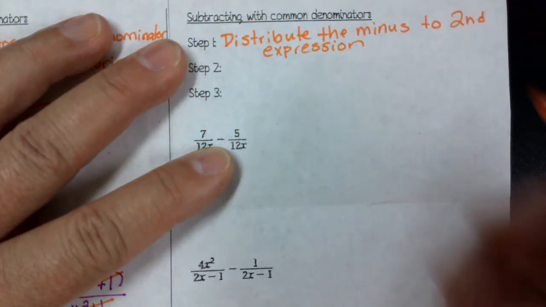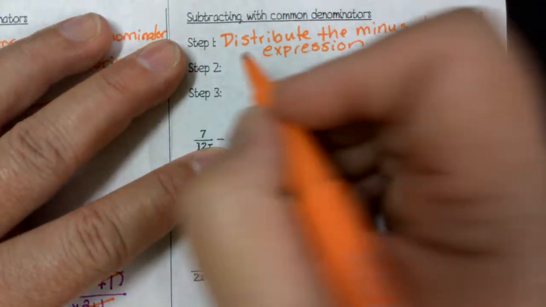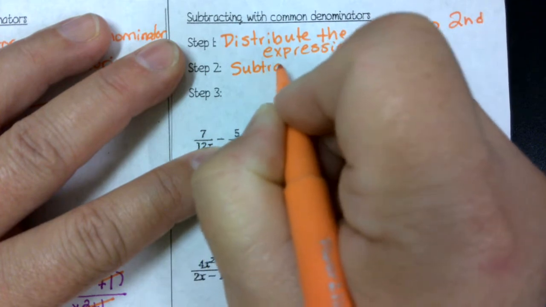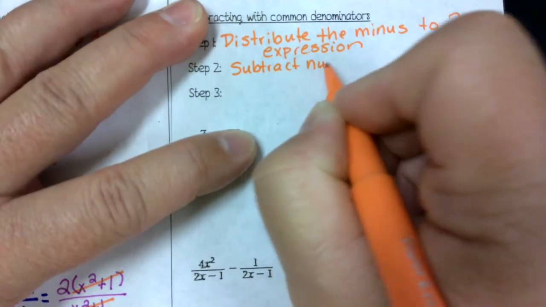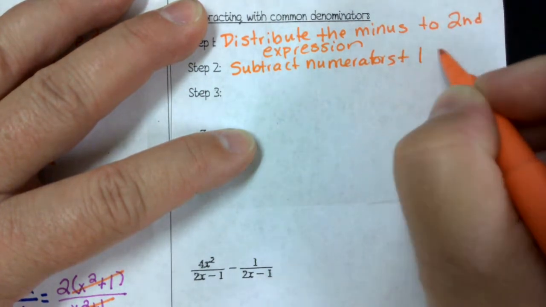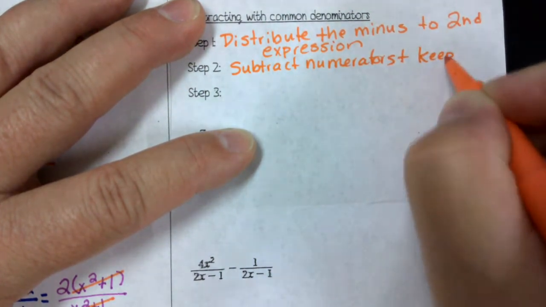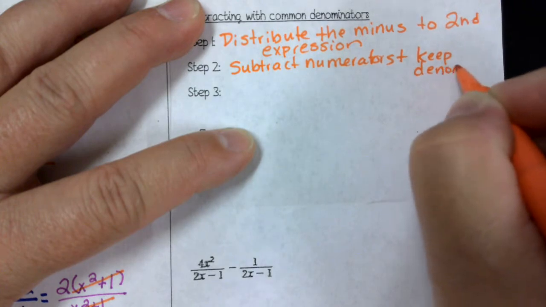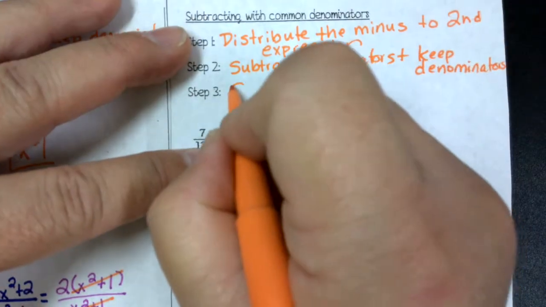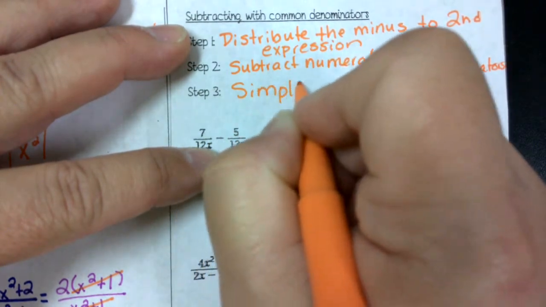Then the second step would be to subtract the numerators and keep the denominators just like before. And lastly, simplify if needed.